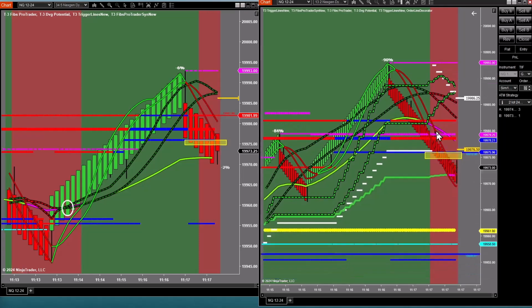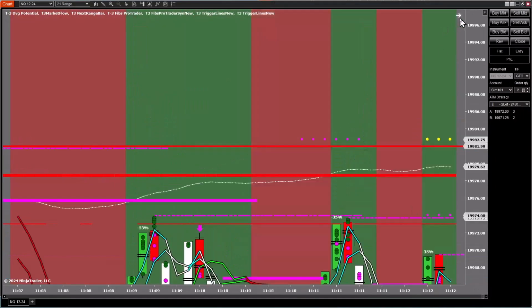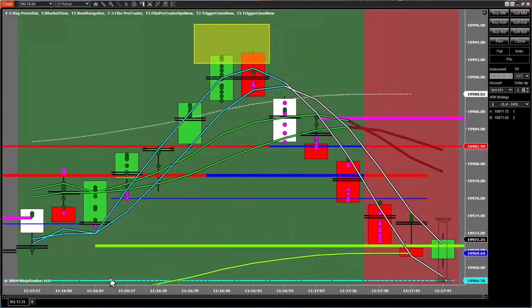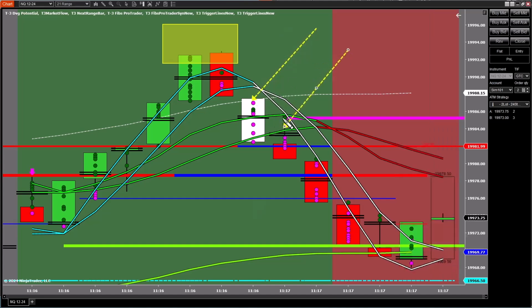Notice that, look, no close above my triggers, no long trade because I had divergence up here at the top. One of my other rules, which is a very consistent rule, when I use the market flow chart, and I don't mean to confuse anybody who's new, but whenever I have a white paint bar down below these faster 8-3 triggers, the market doesn't ever go up until we close above them.